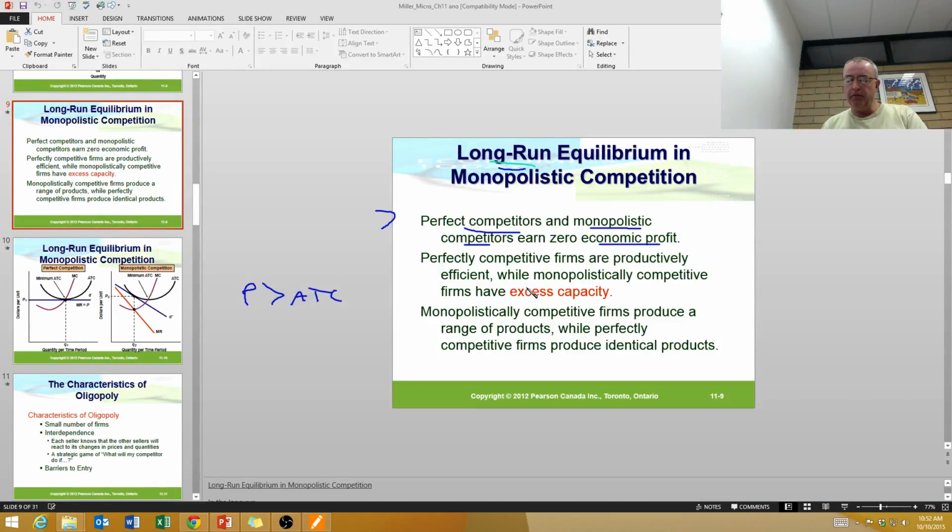So in perfect competition, price equals average total cost at the minimum average total cost. And so perfect competition is productively efficient.